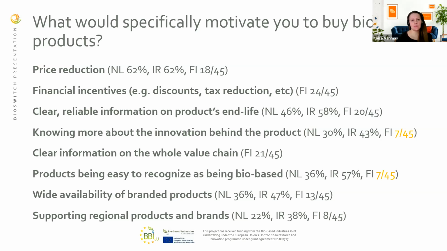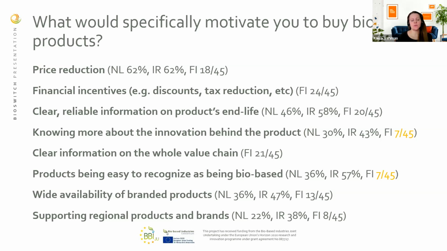But in addition to this price issue, I think the hot topic here was the information that should be available. Some of the consumers were looking for reliable information on product end of life.